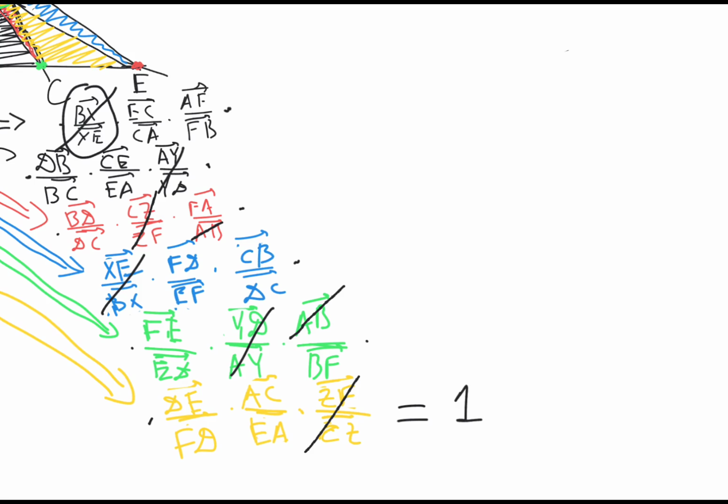So we write that instead of CB we write BC, and in the denominator instead of DC we write CD. So now BC cancels with BC. Yeah, and C.